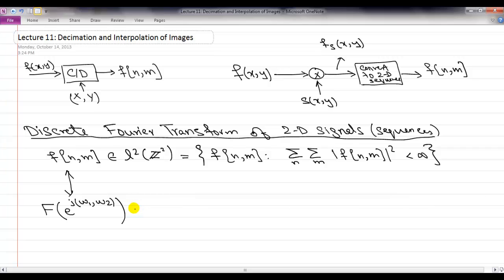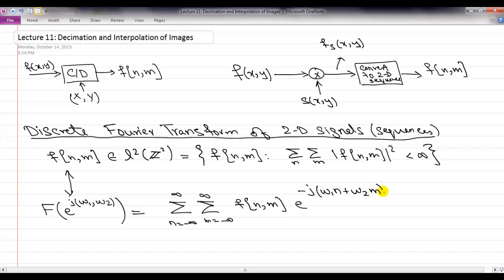So I'm not going to show you those pictures again, but what it says is you go from n to minus infinity to infinity, m minus infinity to infinity, f of n, m, and you multiply them with these complex exponentials, e to the minus j times omega 1 n plus omega 2 m.